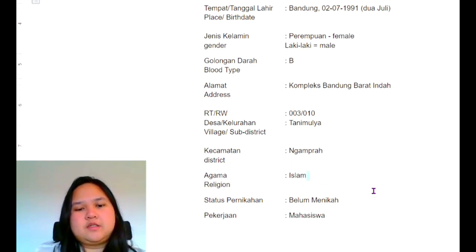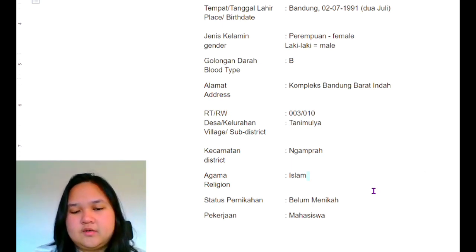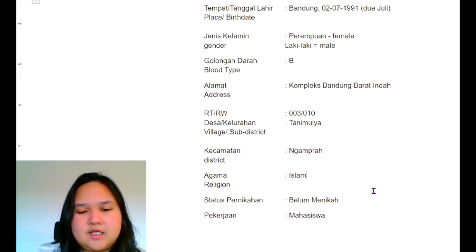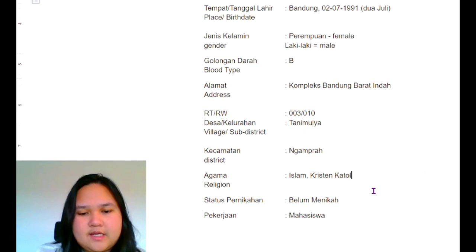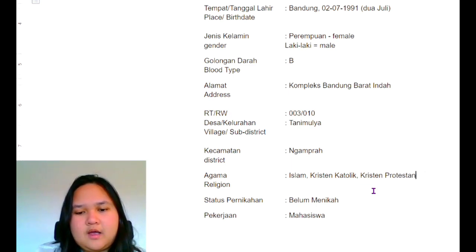And yeah, Islam is, as I told earlier, the majority, 85% of the population is Islam. But there are also a few other official religions in Indonesia. Apart from Islam, there is Christianity. There are two kinds of Christianity, Catholic, I think it's the second biggest, and then we have the third one, Christian Protestant, and we have also Hindu.